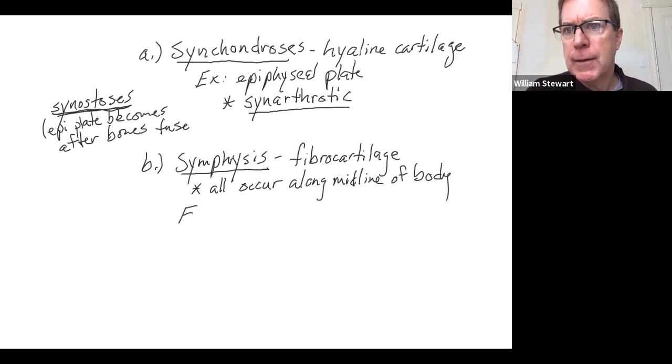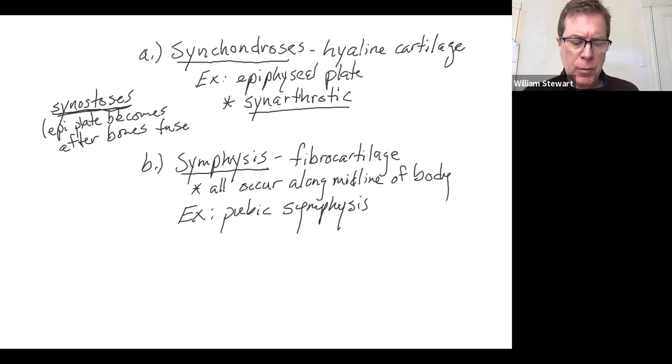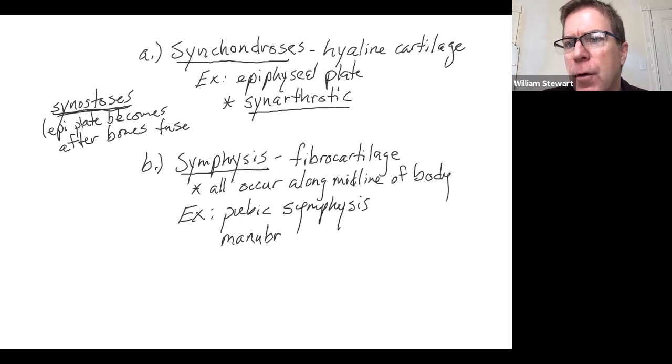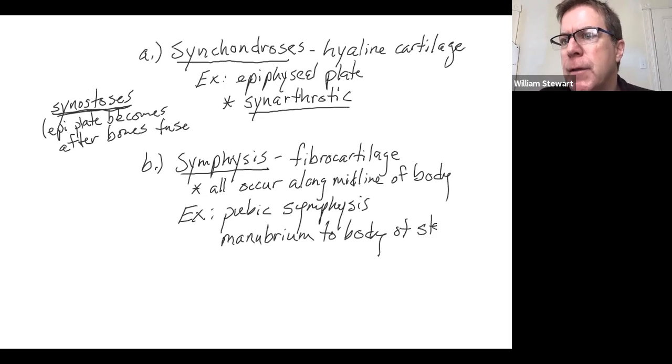So examples. Remember, it's fibrocartilage. Another example would be the manubrium to body of sternum. Just to remind you, after I write the word, I'll remind you what it is.